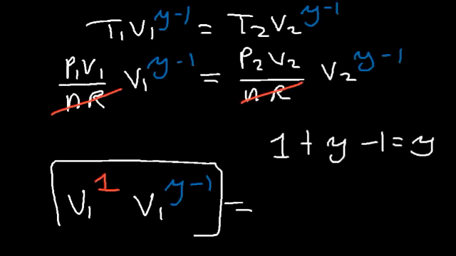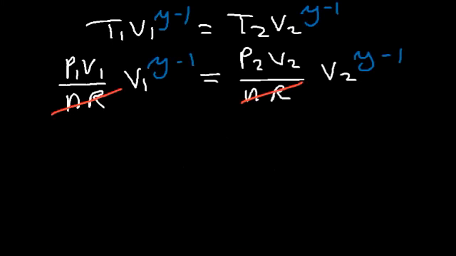So V1 times V1 to the gamma minus 1 is just V1 raised to the gamma. So these two combined will simply become V1 raised to the gamma power.